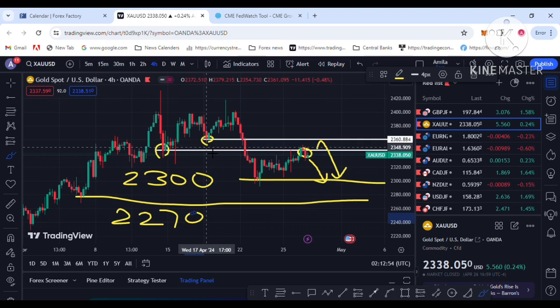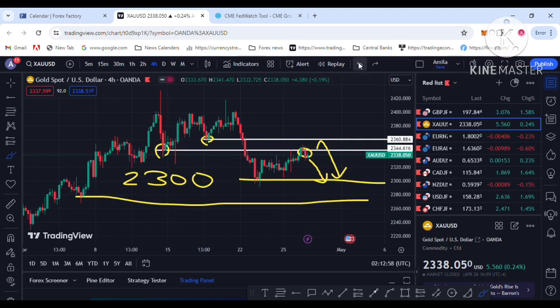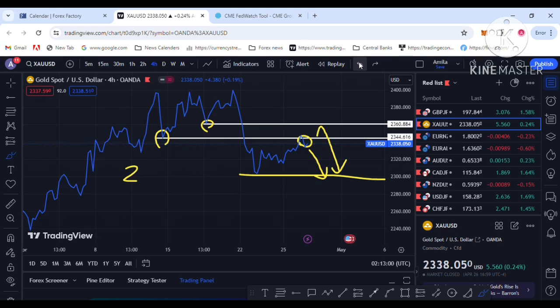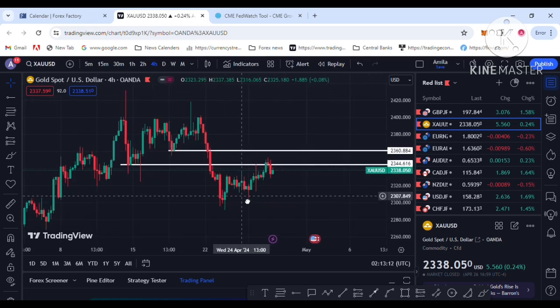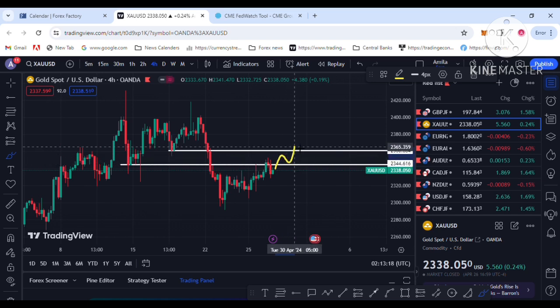The other side is that gold is a safe haven asset, a safe haven commodity. The Iran-Israel war is continuing, and it will continue next week. That is the reason for gold demand, because market uncertainty will continue and risk sentiment will create demand for gold to the upside.